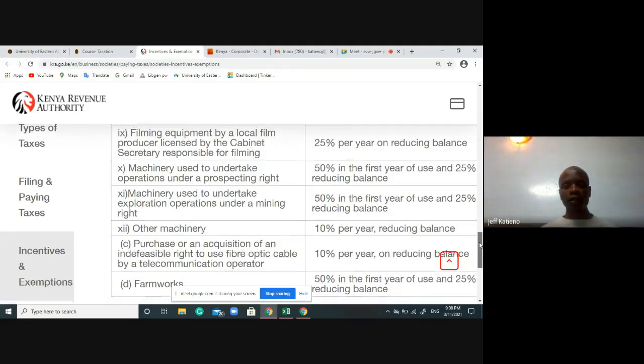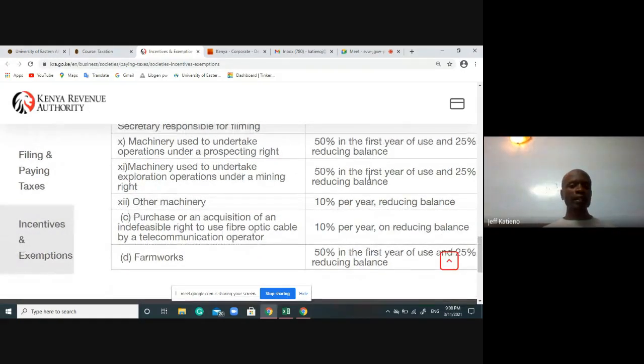Then other machinery that does not fall under these categories. Then purchase or an acquisition of an indefeasible right to use fiber optic, and then farm works, like irrigation schemes, such kind of things. Greenhouses, 50% in the first year of use and 25% later on reducing balance.